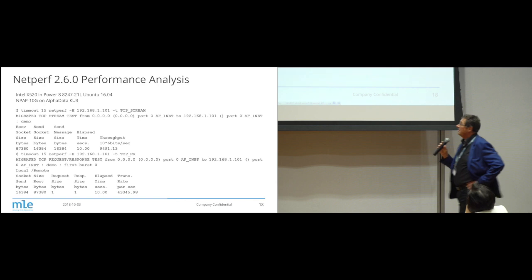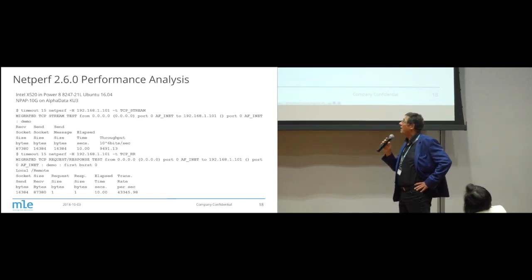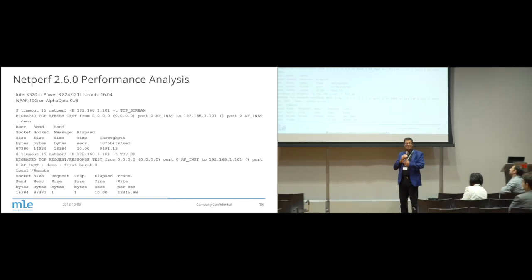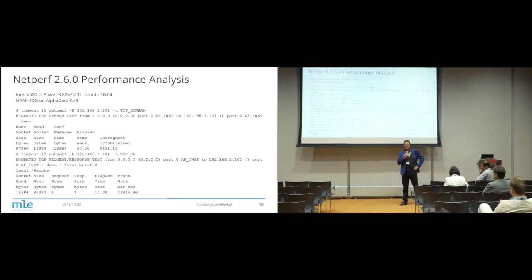Here are some first test results, showing how fast network processing can be. I didn't bother showing the top for software performance here because no software really is involved on the system. What you see here is line rates for TCP stream processing of about 9.4 gigs, which is close to the theoretical limit.